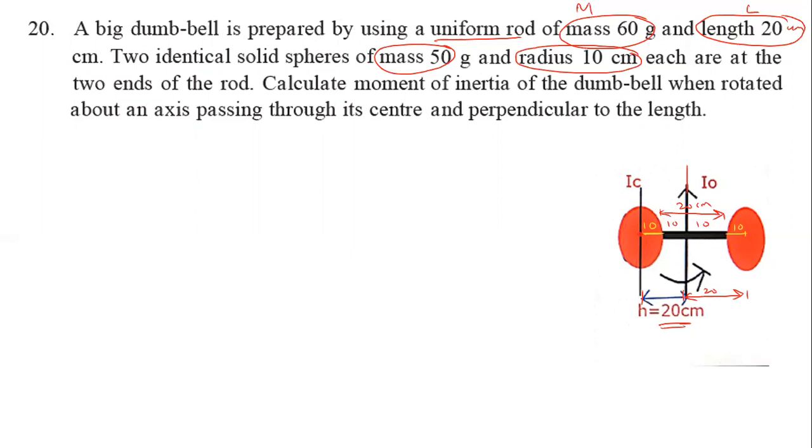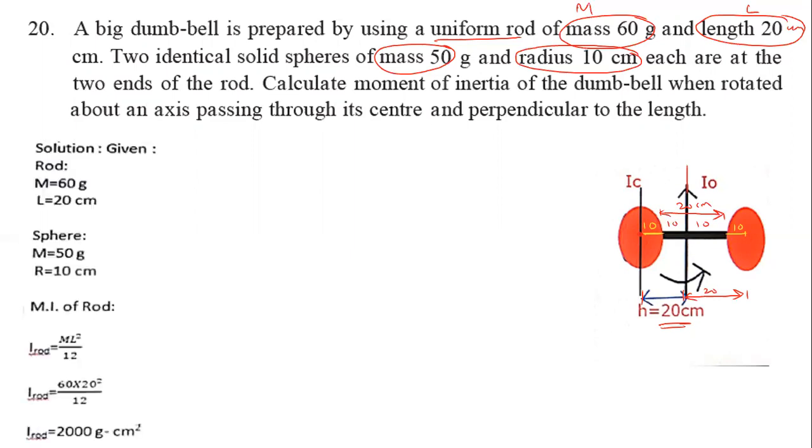Now let's see the given. For the rod, mass is 60 gram, length is 20 centimeter. For the sphere, mass is 50 gram, radius is 10 centimeter. Now we find the moment of inertia of the rod first.